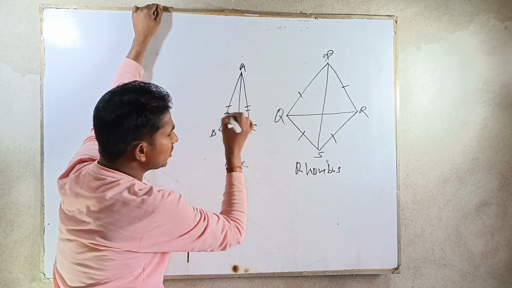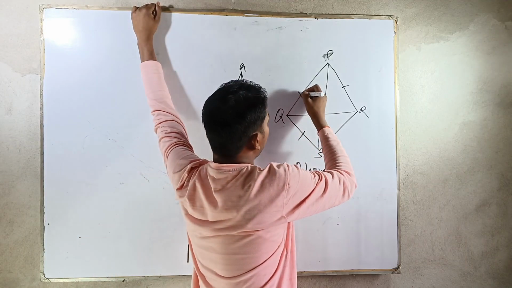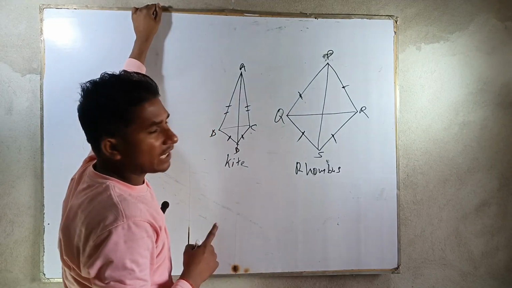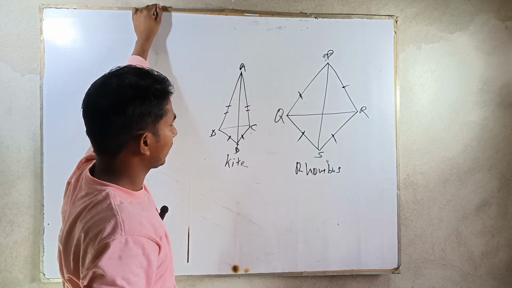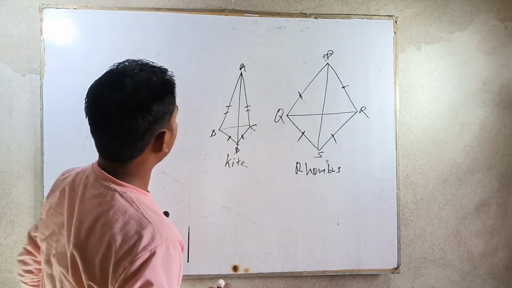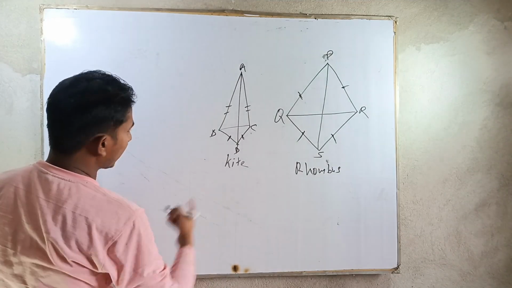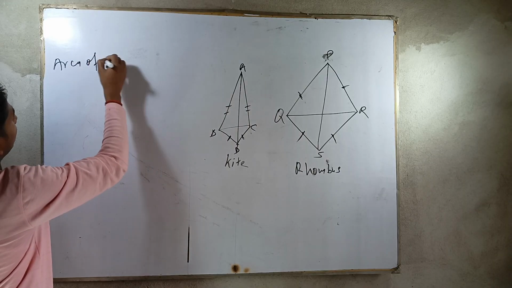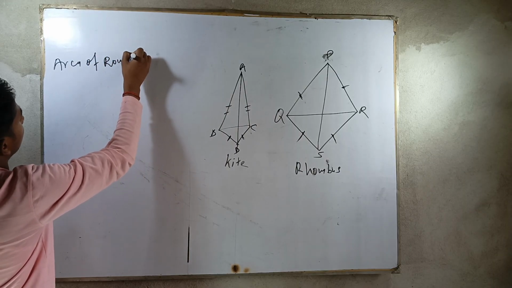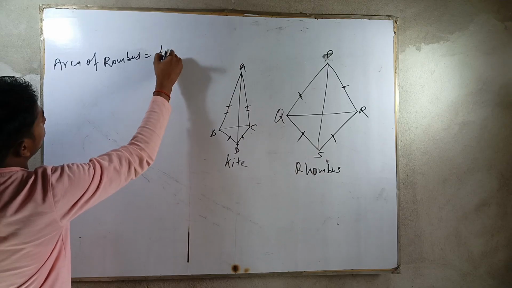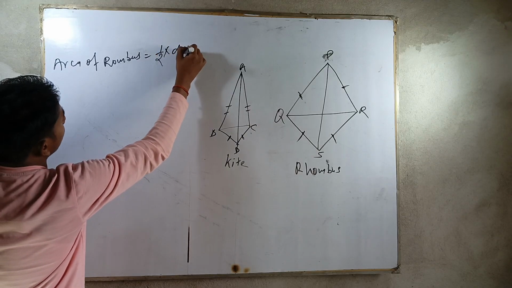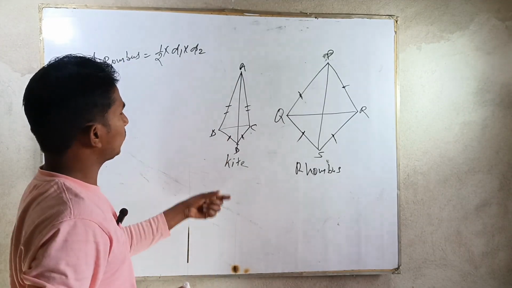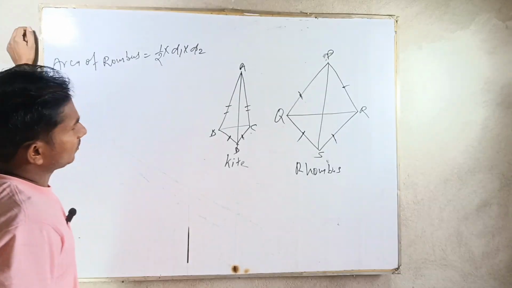In a rhombus, each and every side is equal, but its diagonals are not equal. So this is the difference between a kite and a rhombus. Area of rhombus and kite equals 1 by 2 into d1 into d2. If we multiply d1 and d2, then its area will be found.